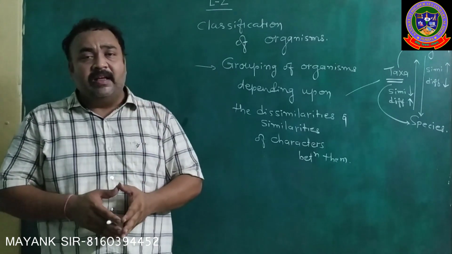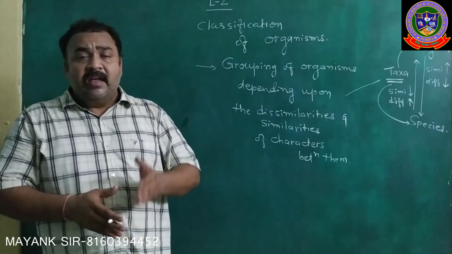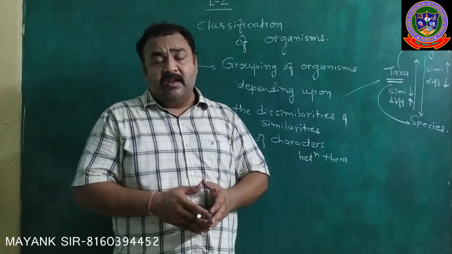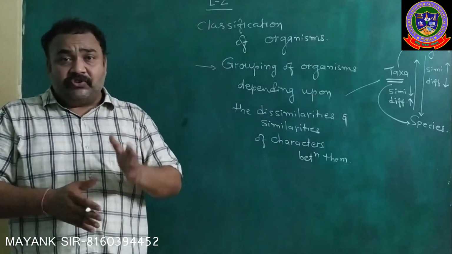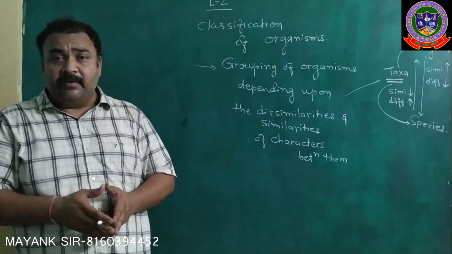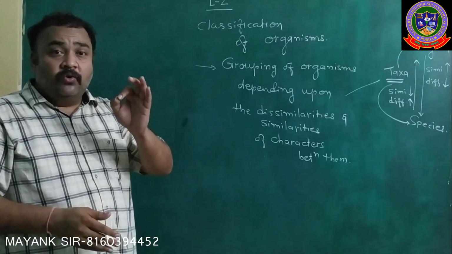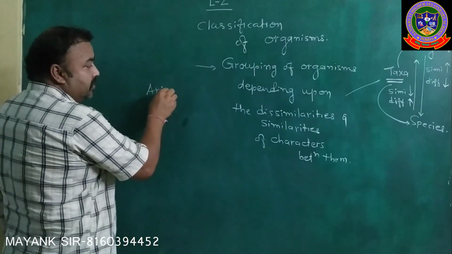As the time progressed, various philosophers and scientists tried their best to classify the living organisms, and one known scientist or philosopher was Aristotle.